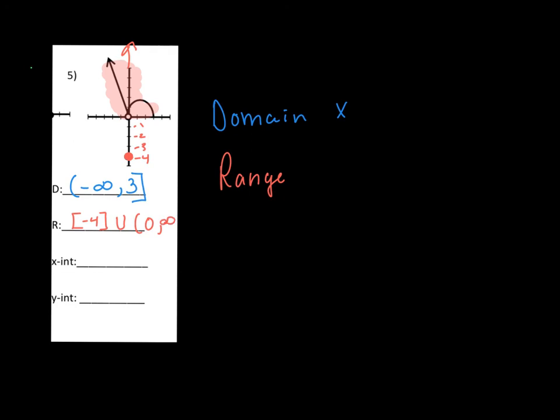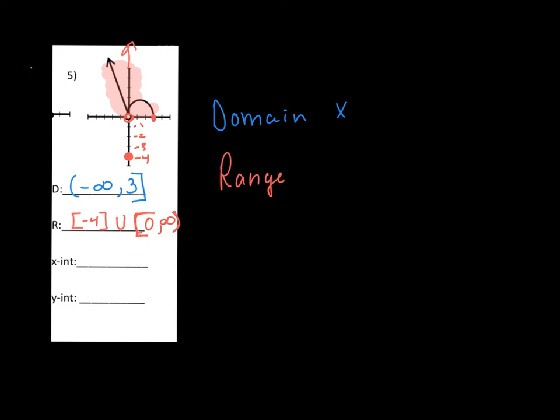Now, this 0 here is an open circle, which normally you'd have with parentheses. But because I have this value right here that's included, that 0 needs to have a bracket. And infinity symbols always have parentheses. Now we only have one x-intercept here.